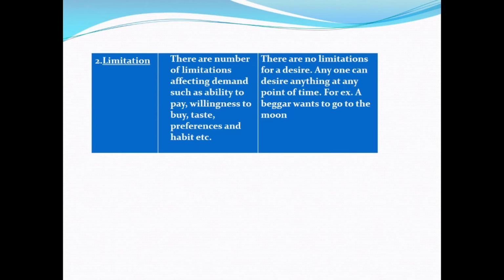But as these things prevail, these are the limitations of demand. Whereas, on the other hand, there are no limitations for a desire. Anyone can desire anything at any point of time. For example, a beggar who wants to go to the moon. See, his desire might not be fulfilled, but still he can have a dream of it, he can have an ambition for it. There are no limitations for a desire.